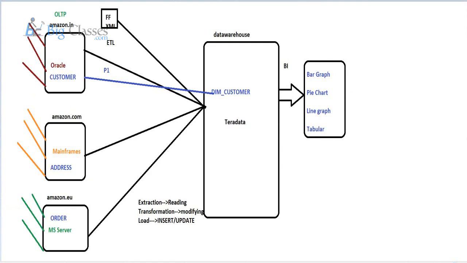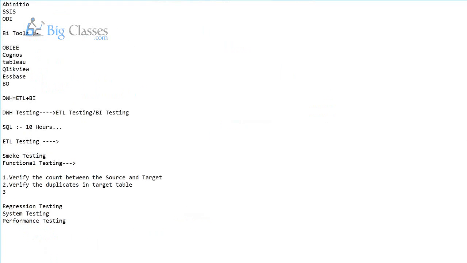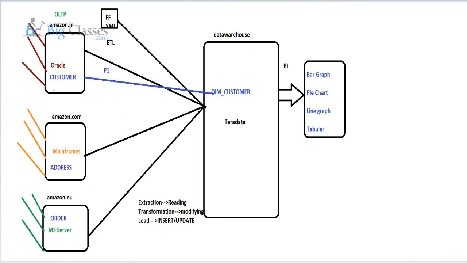Likewise, we will also define the column level data validation. When you say column level data validation, suppose we have a column called customer name, and the value is, let's say, Sachin Tendulkar.